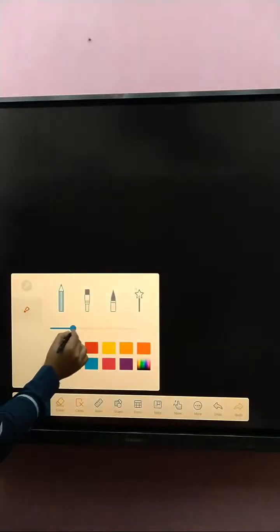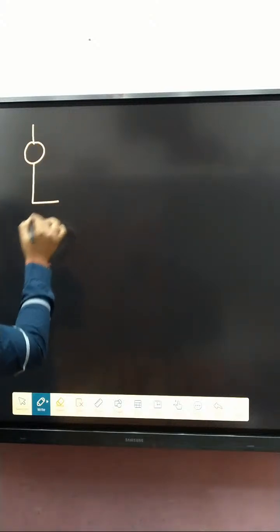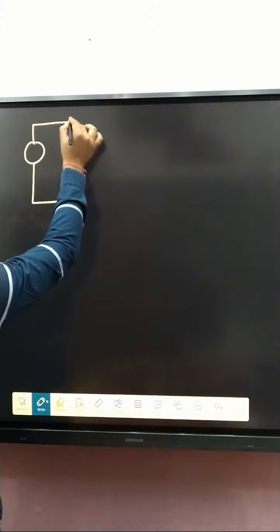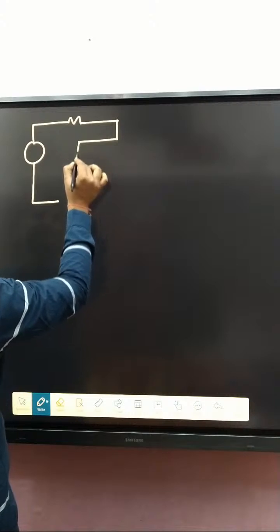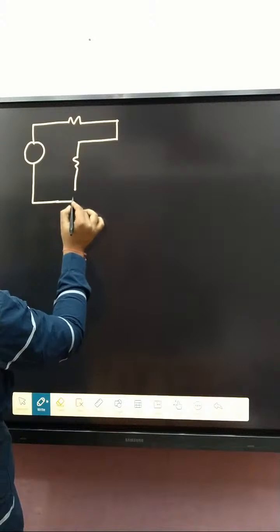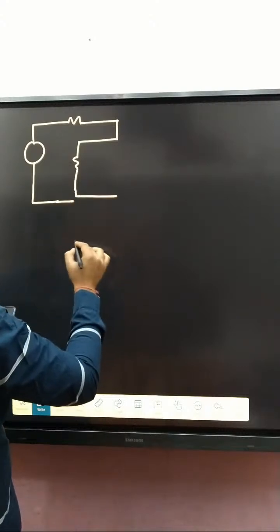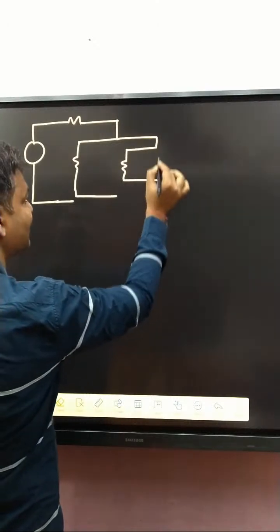Suppose a voltage source is given like that one, a resistance represented like that one, after that a resistance like that one, then another resistance.